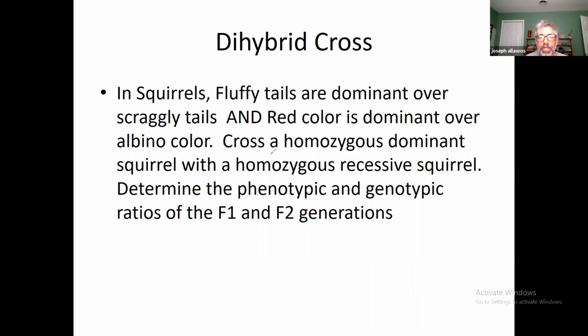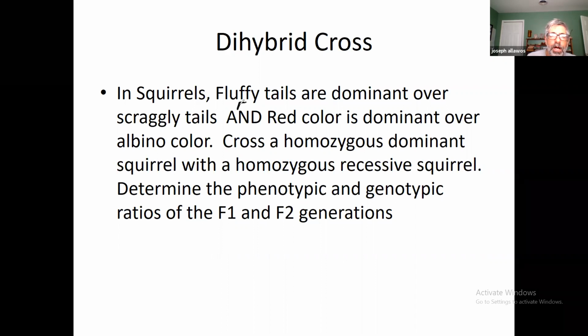And now it says cross a homozygous dominant squirrel with a homozygous recessive squirrel and then determine the phenotypic and genotypic ratios of the F1 and F2. If there's any word in this problem that you don't know, then you need to go back and look at the vocabulary. All these words at this point in the game you need to know. Okay. So what we're dealing with are 2 traits here, and so we still have to assign alleles.